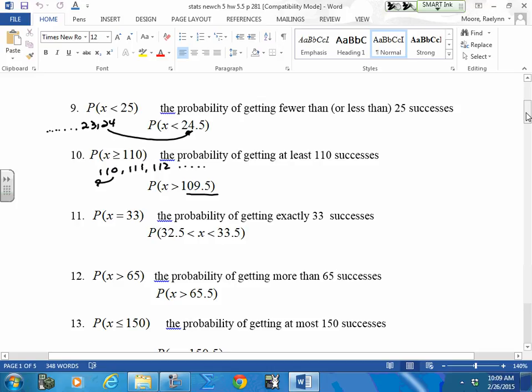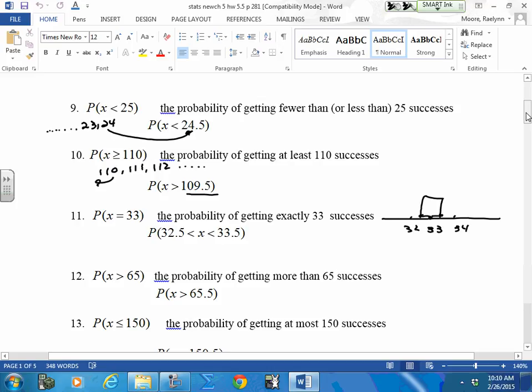The equal sign I didn't do with you. The equal sign says, here's your number 33 all by itself. Here's your number 34. Here's your number 32. They're discrete values. They have no bar. How can I find an area under the curve when I have nothing to measure? I'm looking for the area under the curve related to this. If it's just a point, I have no area under my curve. So we extend this bar halfway, halfway.